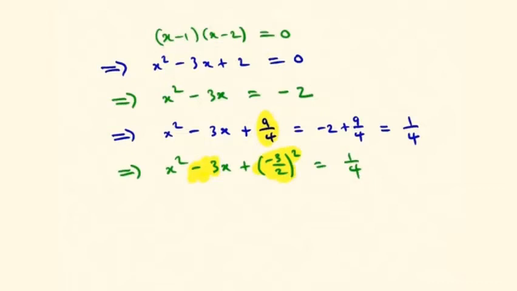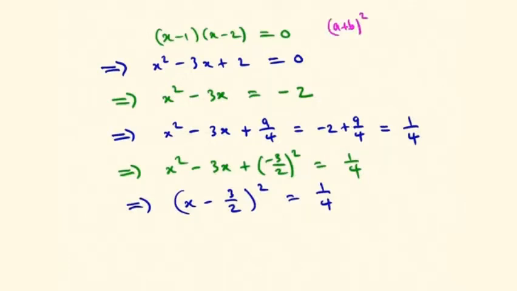Now, where is all this leading? Well, by choosing minus 3 on 2 squared, the left-hand side can be rewritten as x minus 3 on 2 all squared. What the student was doing, in fact, is an application of the following algebraic identity.